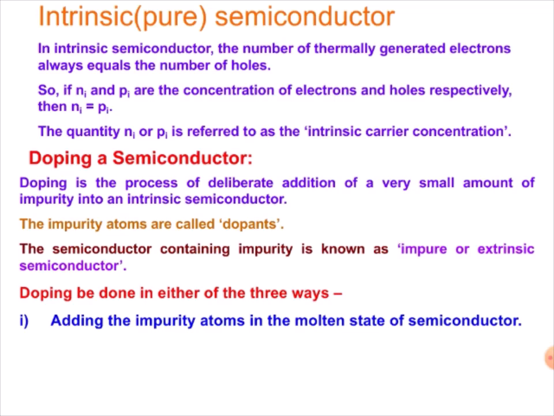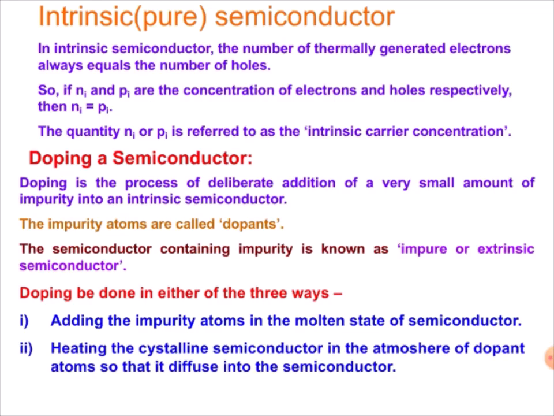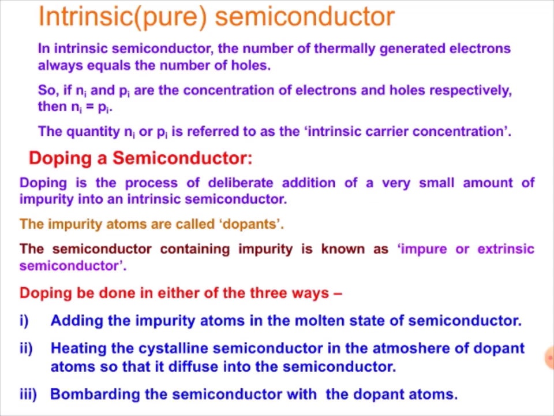Next, we can produce an extrinsic semiconductor by heating the crystalline semiconductor in an atmosphere containing the dopant atom, in which the dopant atoms replace the semiconducting atoms in the crystal. The last way is bombarding the semiconductor with dopant atoms.